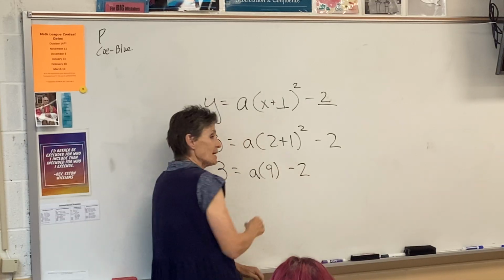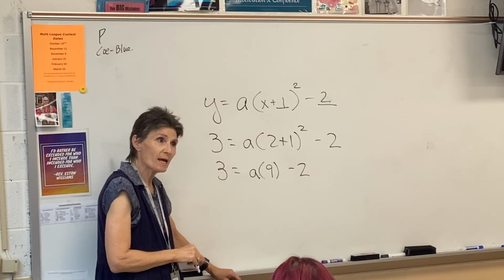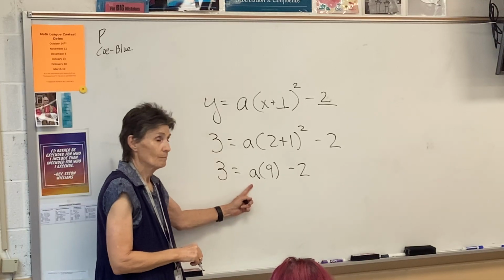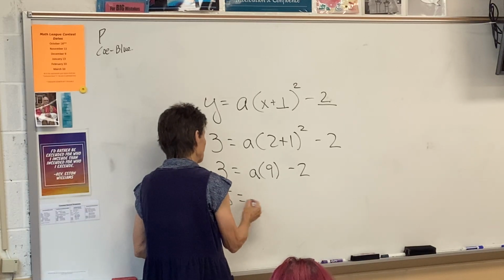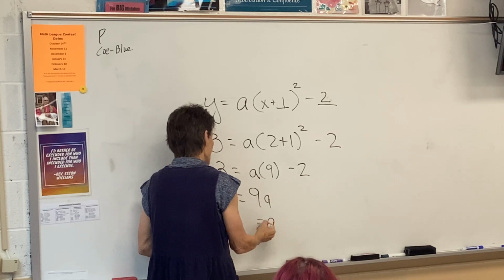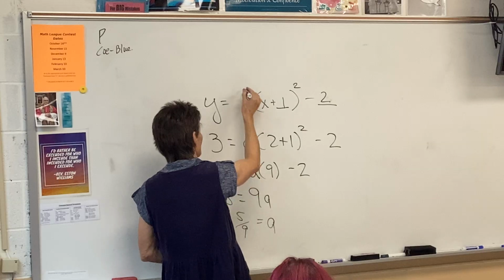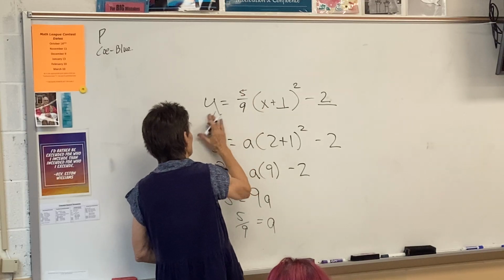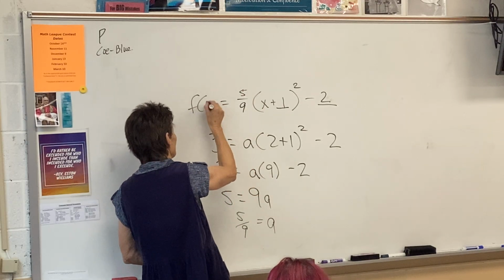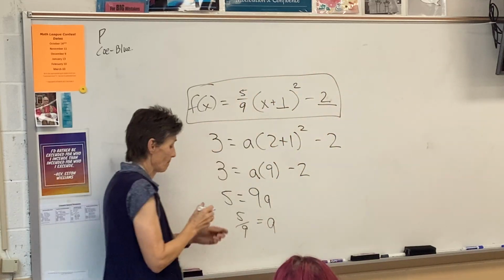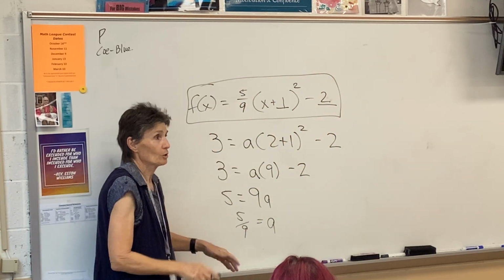Are we going to combine that 9 and 2? Don't you dare, because that 9 is hooked to a. I'm going to add 2. And it looks like the number out in front is 5/9. So our quadratic function looks like that.